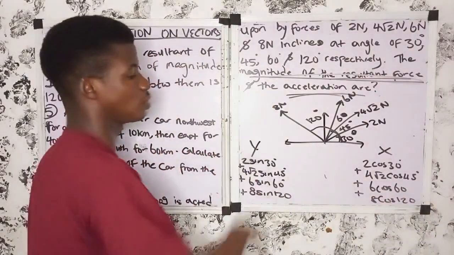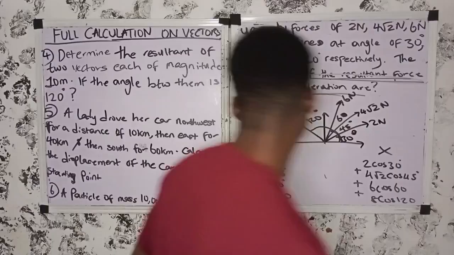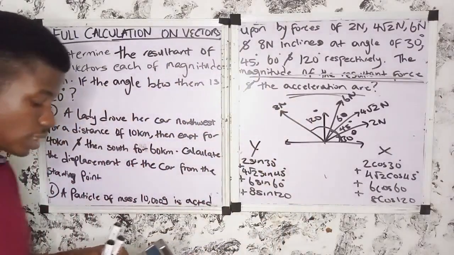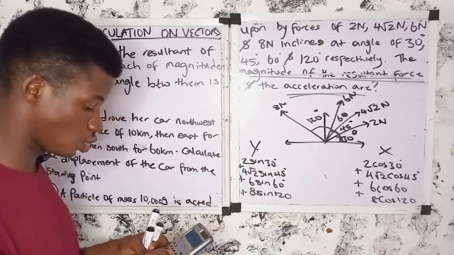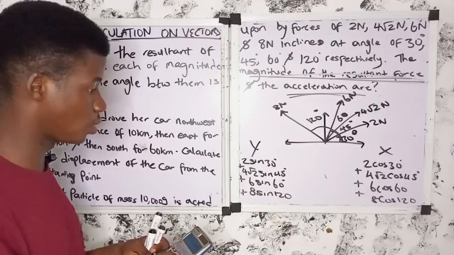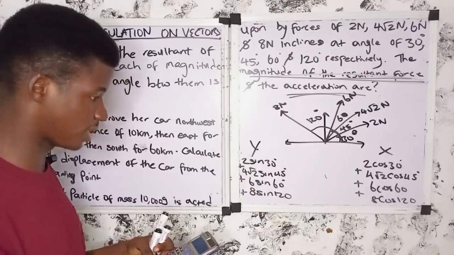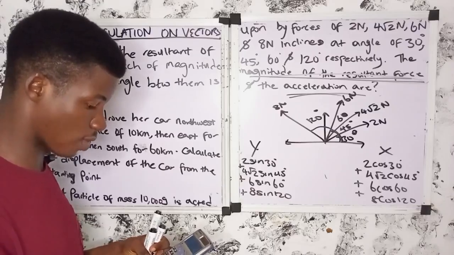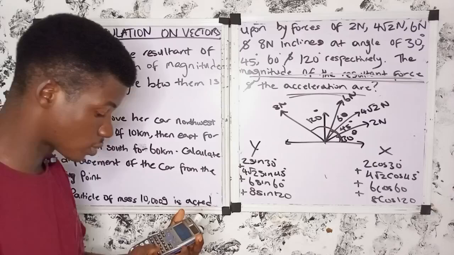So if we add everything here, we get our y, we get our x, then we look for the resultant using Pythagoras theorem. So let me add everything here: 2 sine 30, plus 4 root 2 sine 45, plus 6 sine 60, plus 8 sine 120.